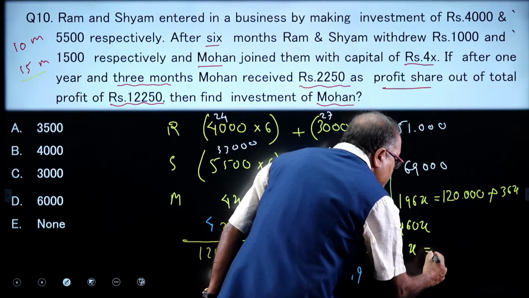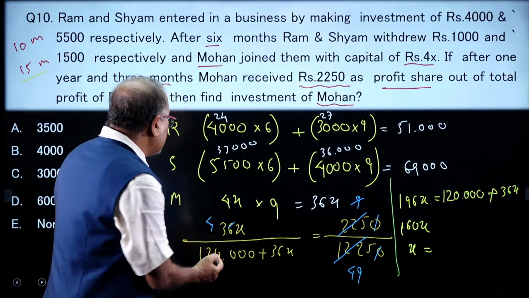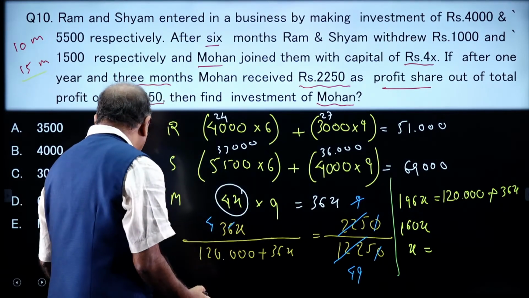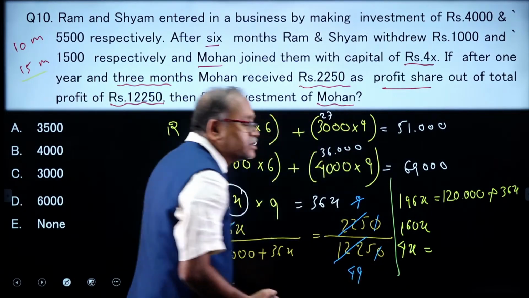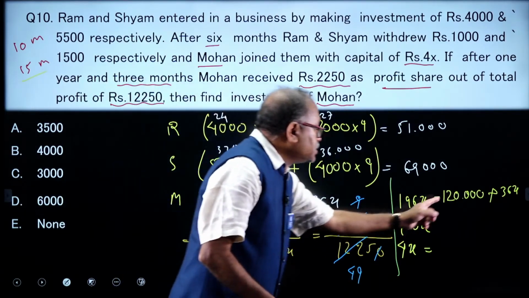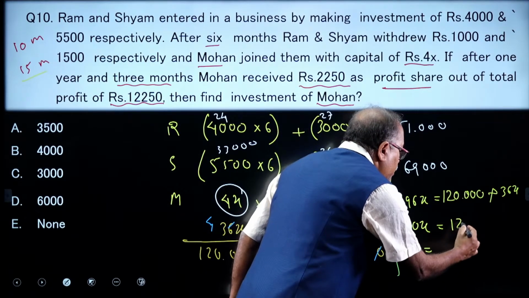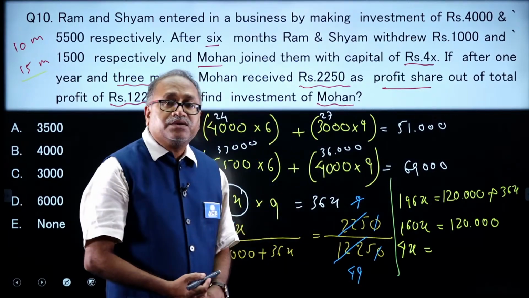Then what is x? I don't need the x here. What my requirement is, is the capital of Mohan. Capital of Mohan is 4x. So I will directly find out what is 4x. If 160x is equal to 120,000, then what is 4x?